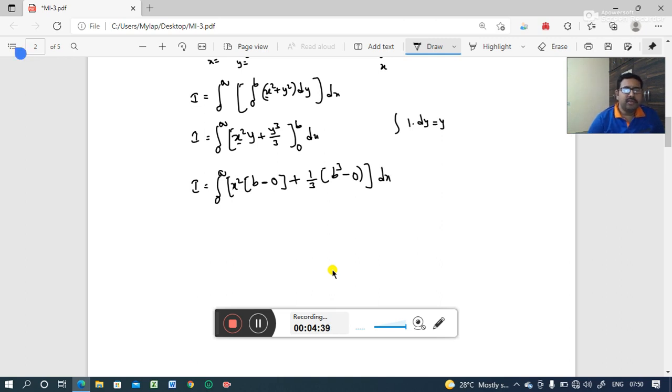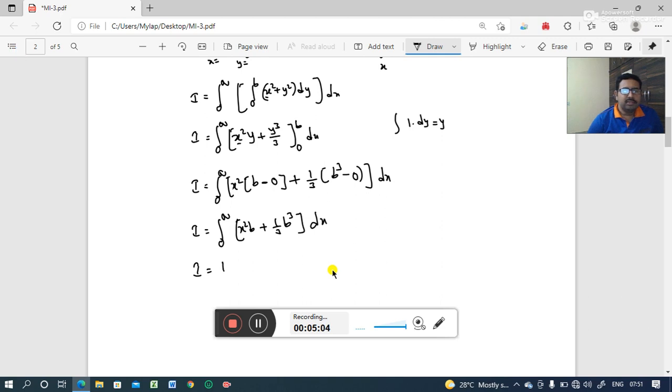So if you simplify this, I is equals to integral 0 to a. So x square into b is x square b plus 1 by 3 into b cube. This is the resultant function. This we shall integrate with respect to x.